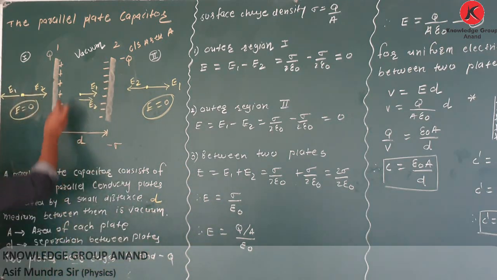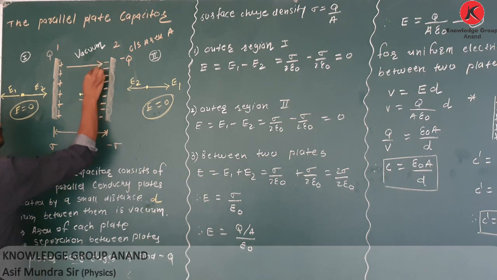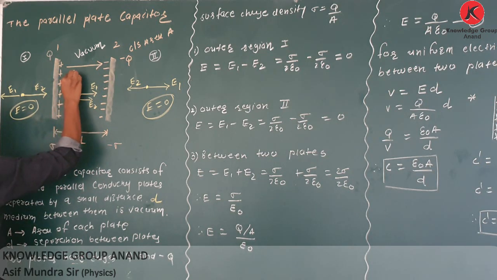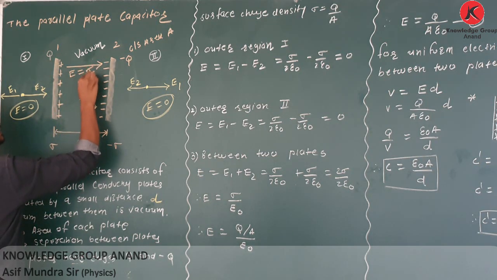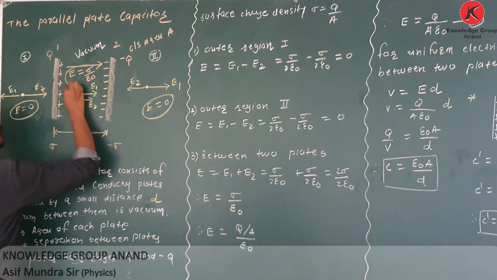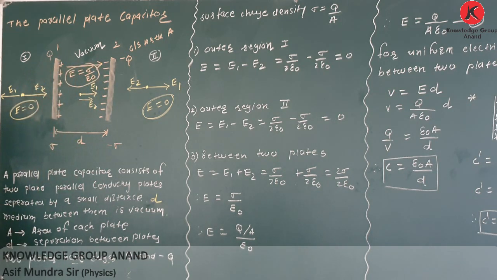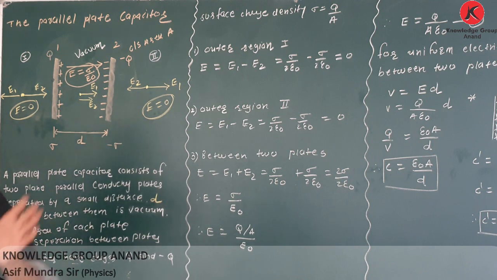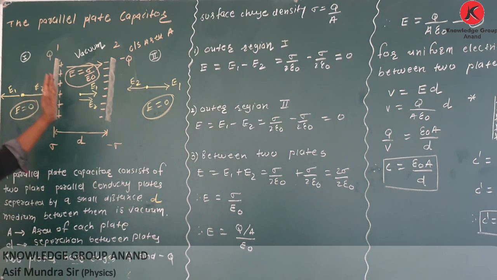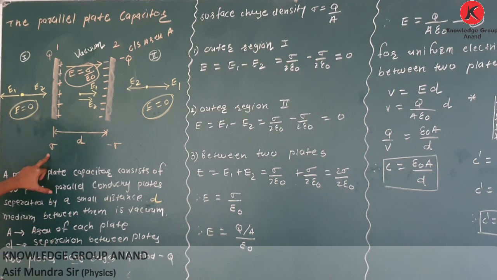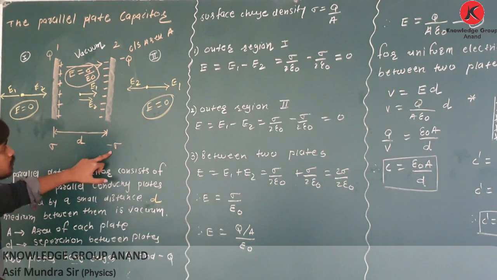We know that between two plates, the resultant electric field E is equal to sigma upon epsilon 0, and it is from the positive plate towards the negative plate. See, here the surface charge density is sigma and here is minus sigma.